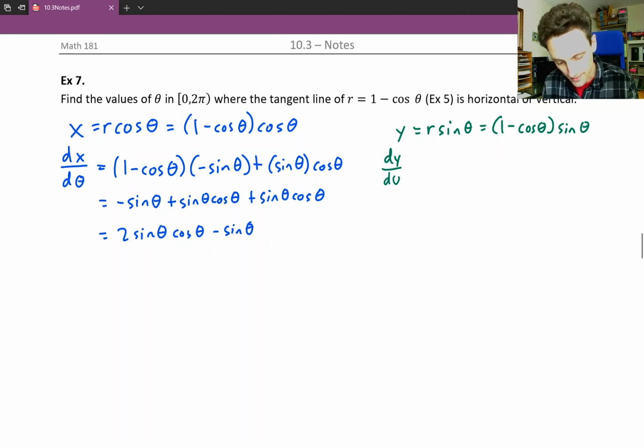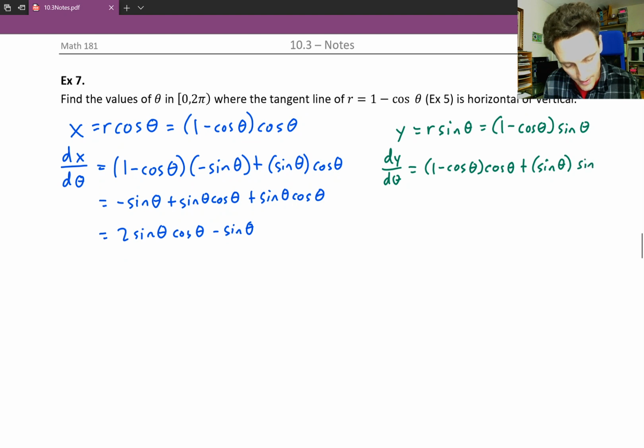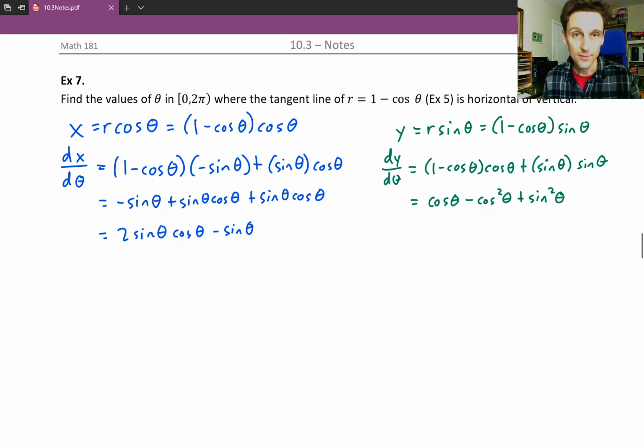So dy d theta is going to be, by the product rule, first times derivative of second, plus the derivative of the first, which is sine theta, times the second, distribute the cosine theta. And there we have dy d theta.